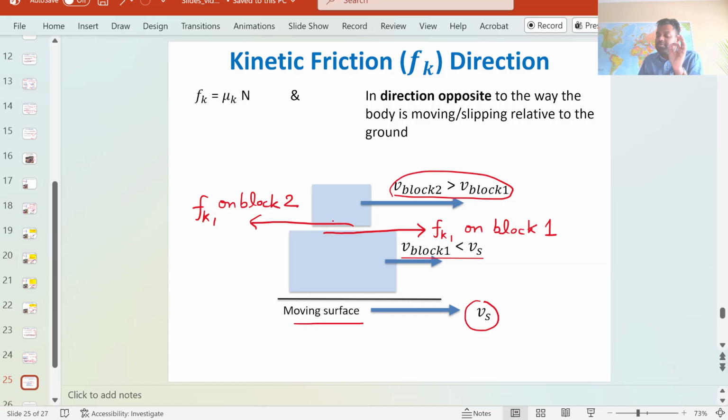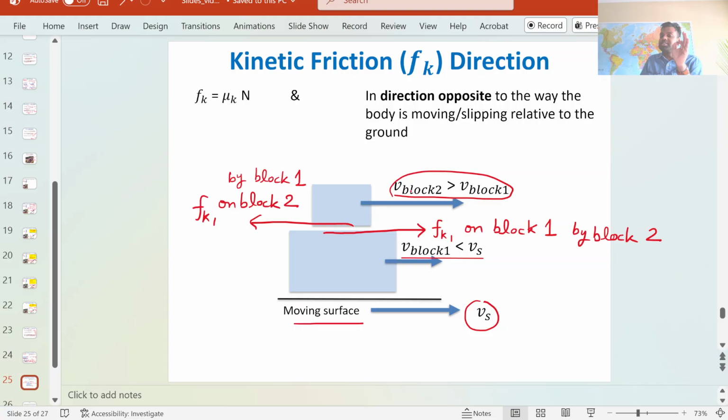Okay, but you have to understand that this force is on block 2 by block 1, and this force Fk1 to the right is on block 1 by block 2.